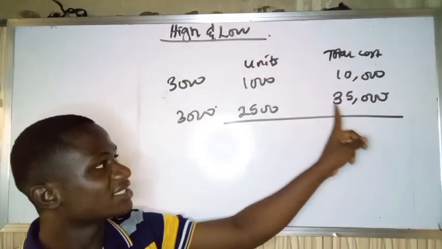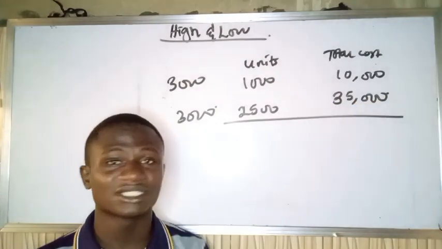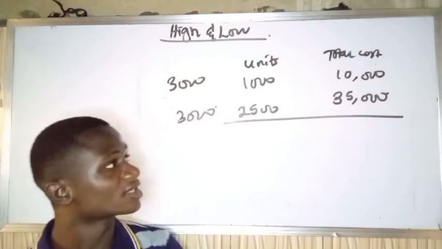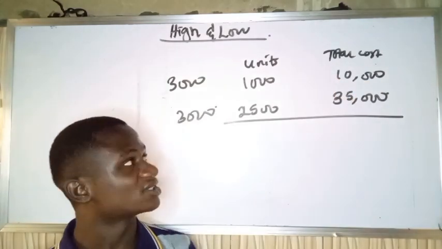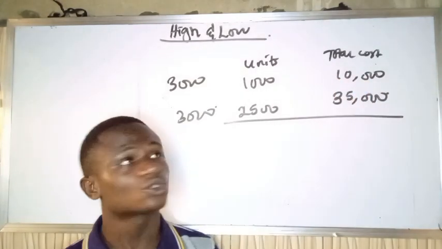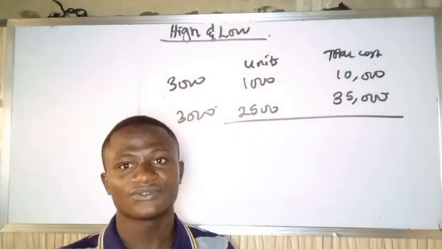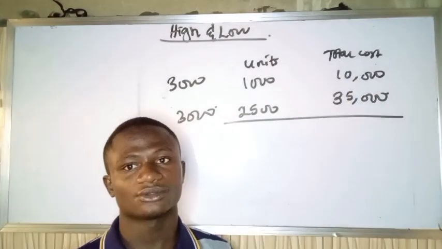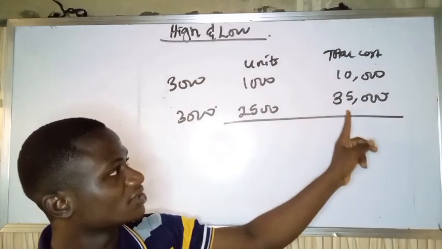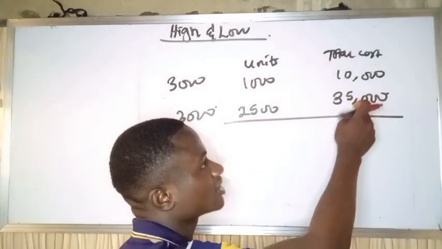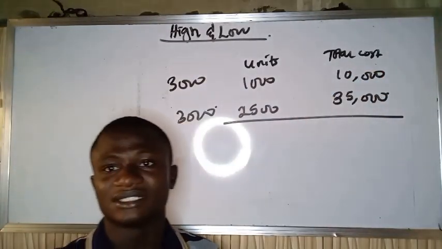You accept with me that this 35,000 is the total cost, and fixed cost is part of it. This 10,000 is the total cost, and fixed cost is part of it. So if I'm subtracting 10,000 from 35,000, the 3,000 fixed cost will cancel out. 3,000 minus 3,000, it is out.